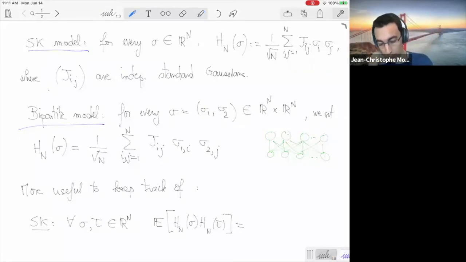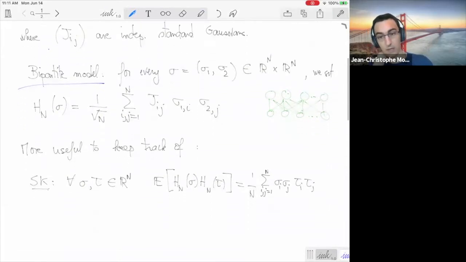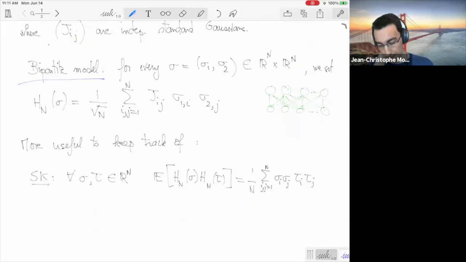So the correlation that will show up here is 1 over n times the sum over i and j. Instead of repeating the indices, I just have a single sum as in the original. So it will be sigma i, sigma j, tau i, tau j. Okay, and this I can rewrite: the sum over i gives me the scalar product between sigma and tau, and same for the sum over j.